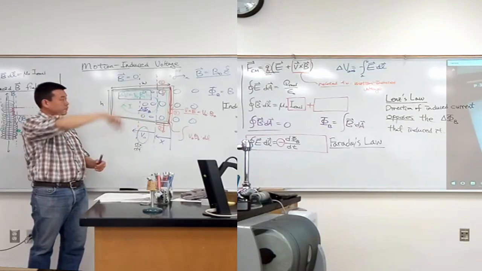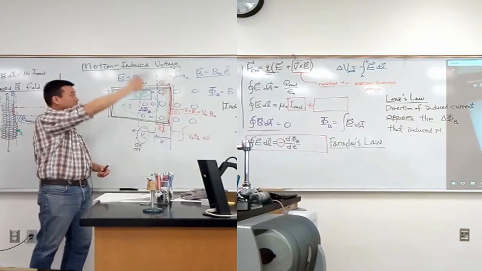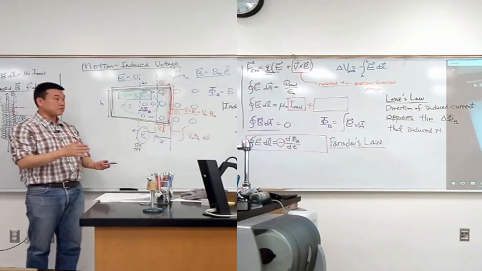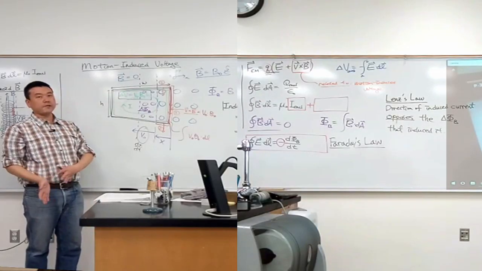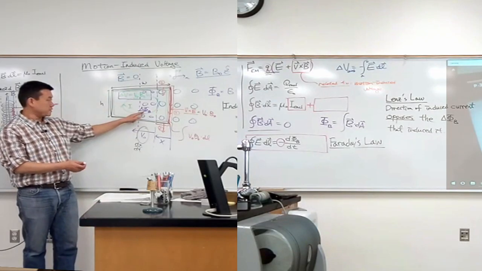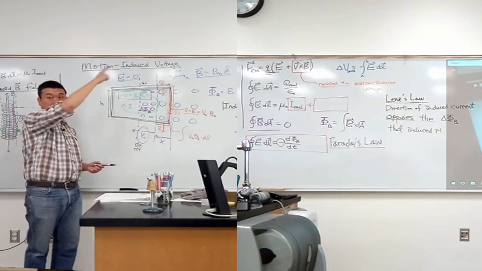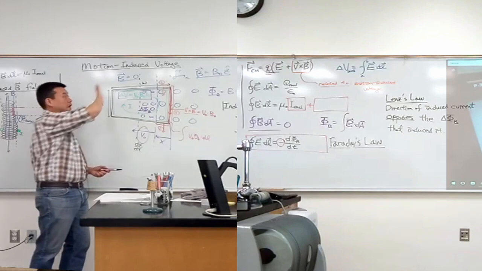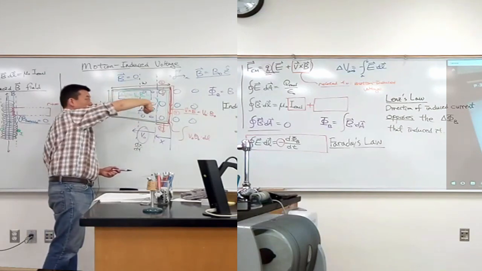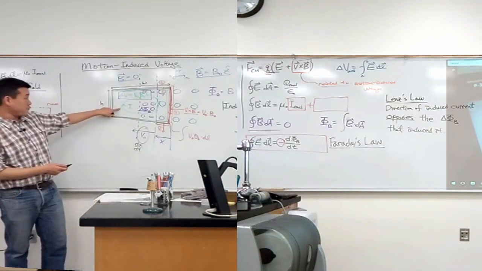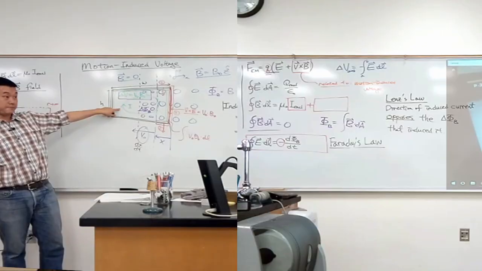So what direction of current should it be? Clockwise or counterclockwise, so that the magnetic field due to induced current opposes this that's coming out of the board? Clockwise, right? So this is a shortcut rule. Clockwise loop of current, magnetic field points into the board. That's the same direction we got with the motional voltage.